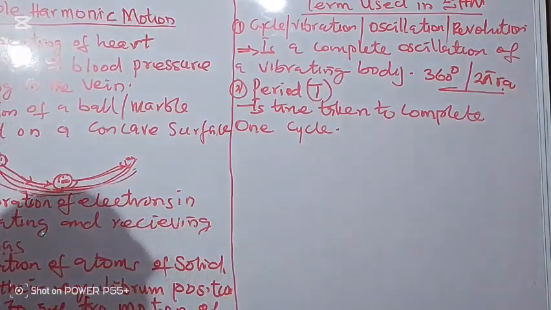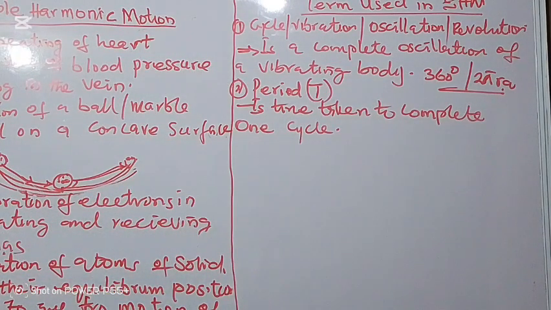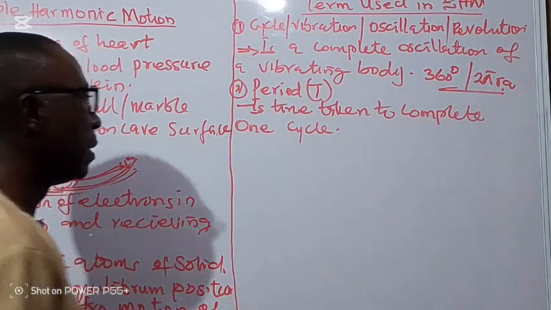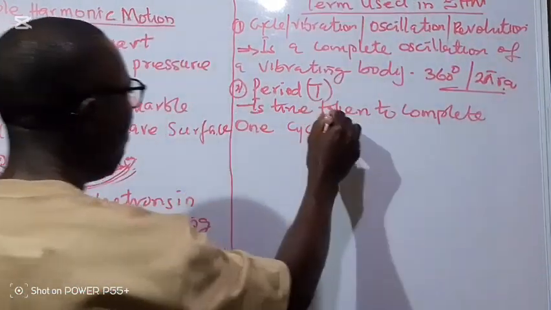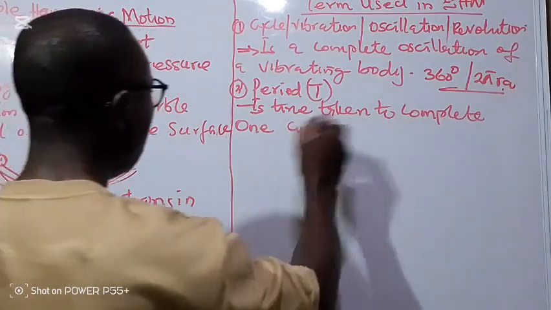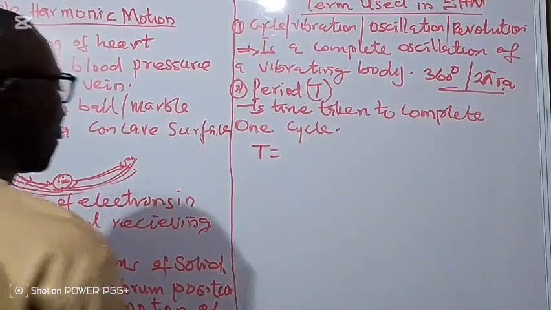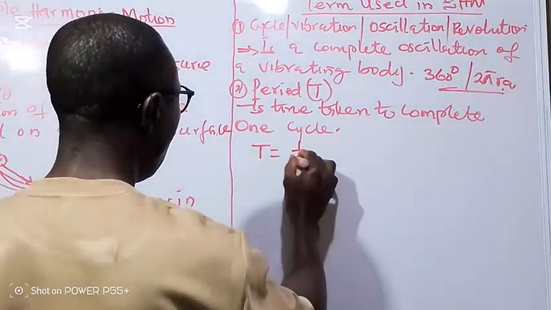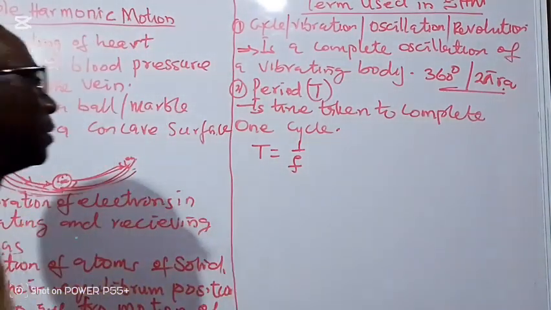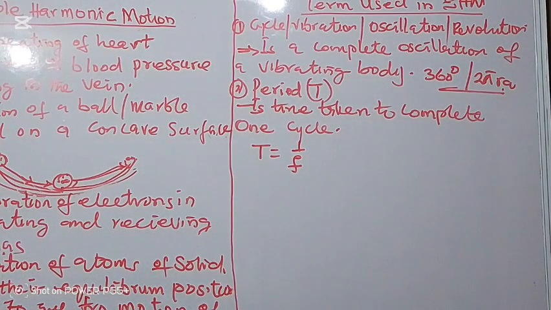The time taken to complete one cycle is what we mean by period. Or you can also say period, in symbol T, is equal to 1 over F. That's the formula for period.